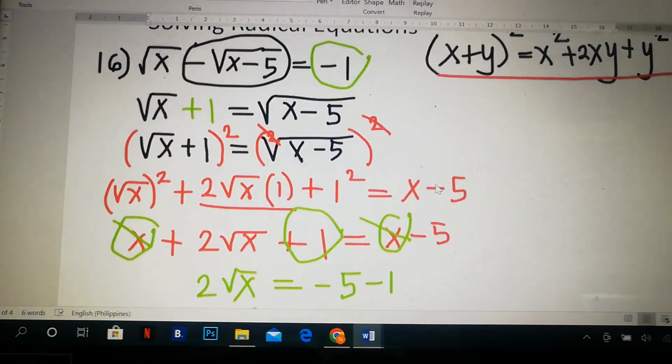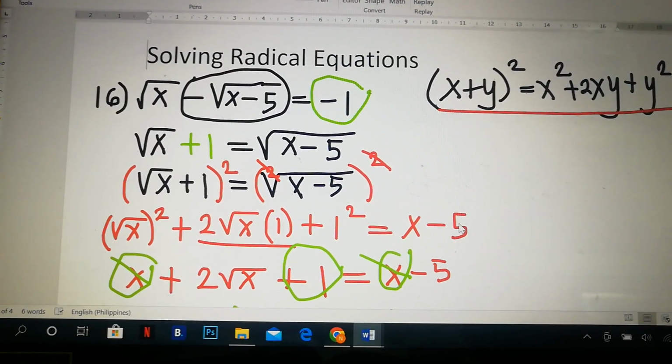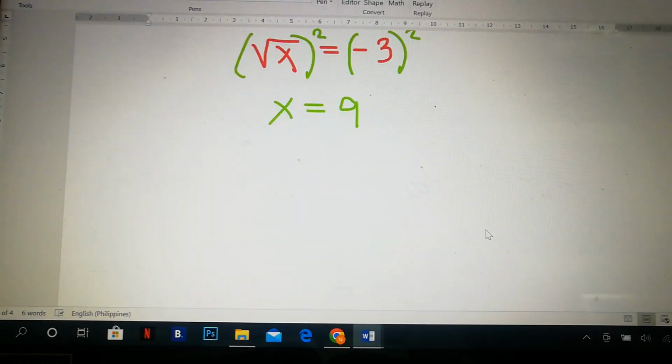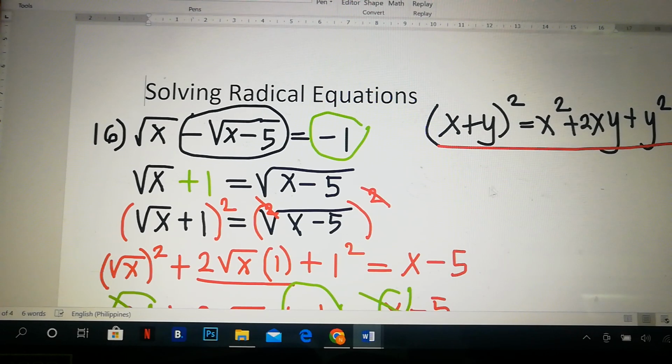So if we check, is x equal to 9 from the original equation? Okay, so if x equal to 9, then square root of 9 minus square root of 9 minus 5 is equal to negative 1.